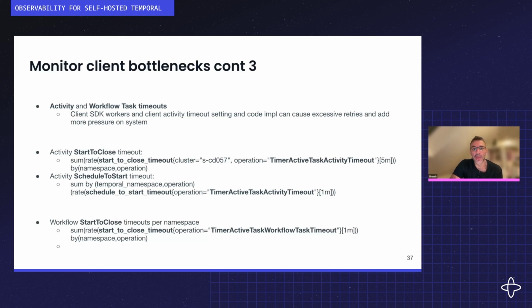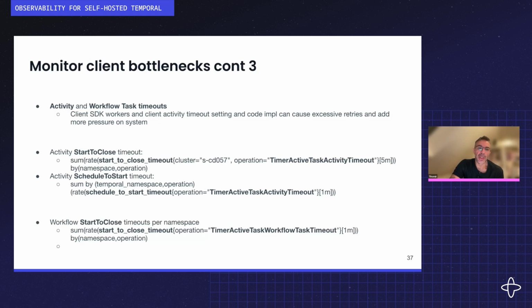Client SDK workers can sometimes run into high CPU or compute resource limits, and things can start slowing down. This can cause activity and workflow task timeouts. It can also trigger unexpected and probably unneeded retries of activities and workflow tasks, which put more pressure on our cluster.